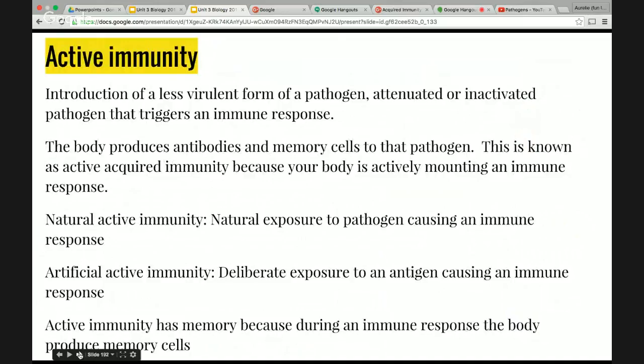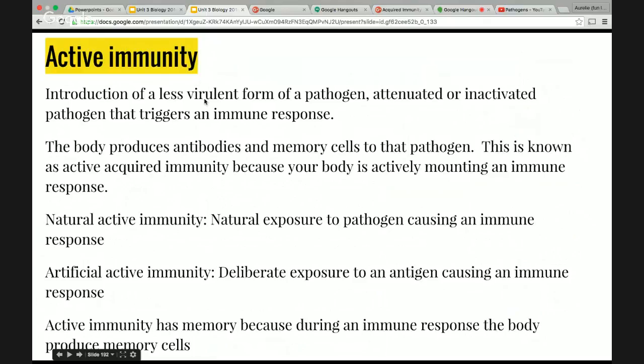Welcome back. Active immunity. So active immunity is basically when you are given a vaccine, okay? Basically what's in a vaccine is a less virulent form of a pathogen, an attenuated or inactivated pathogen that triggers an immune response, okay?